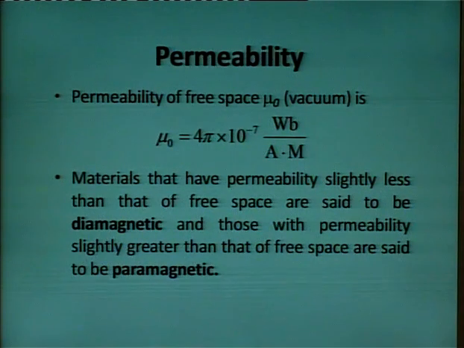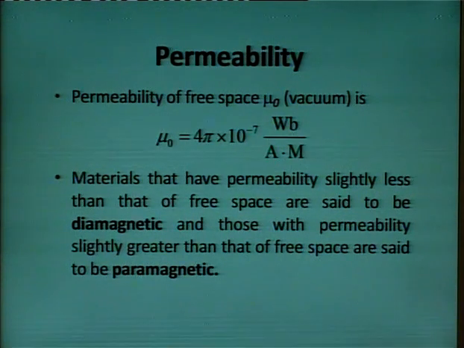Mu naught is equal to 4 pi into 10 raised to power minus 7 Webers per ampere meter. These are the units of the permeability, Webers per ampere meter.